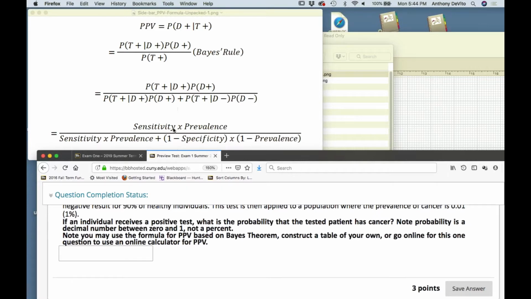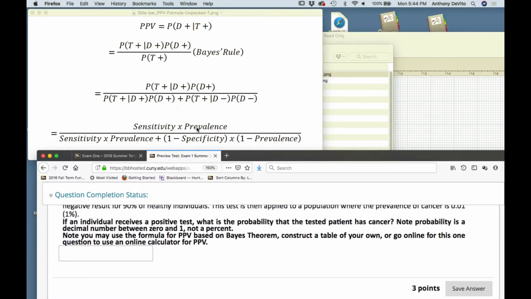The sensitivity is how good this test is at identifying people that have the disease. So if the prevalence had been 50% and the sensitivity had been 90%, then 90% of those 50% of the people would have been correctly identified as having the disease.